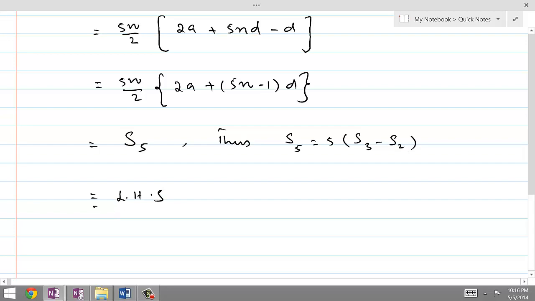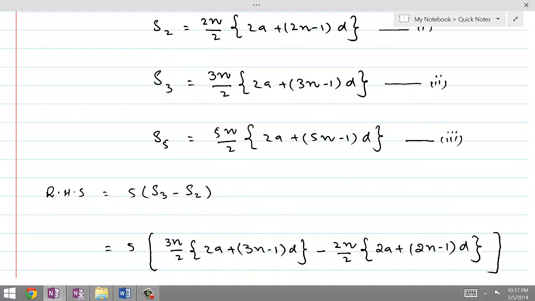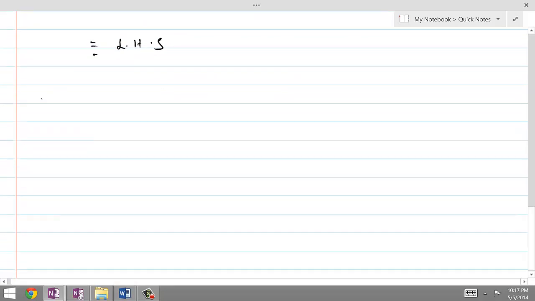Now the next question is: obtain the sum of all integers in the first 1000 integers which are neither divisible by 2 nor by 5. So let us write down those integers. Question number 2.